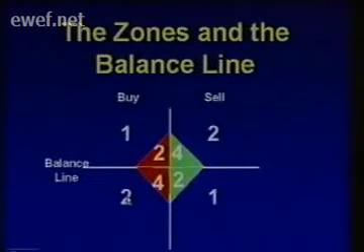Here to buy it would be base plus 2, but if you're in the red zone, base plus 4. Likewise, if you're in the gray or red zone and you're selling the market, it would be base minus 2 above, but if you're in the green zone, which means that the momentum and the acceleration is up, you would double that. And on the downside, it would only take base minus 1, but in the green zone, we would double that to base minus 2.